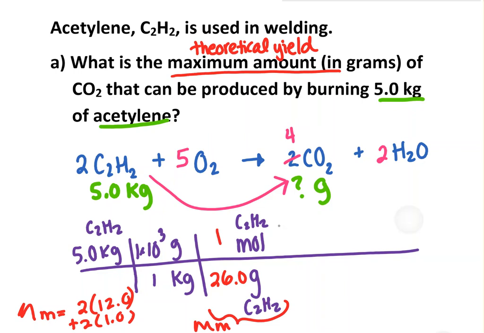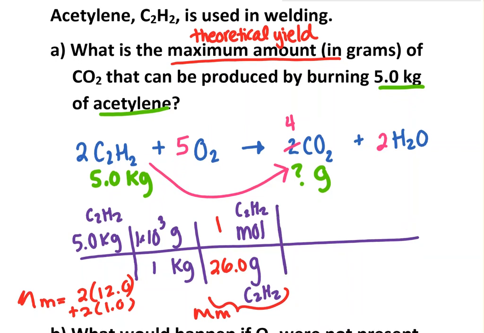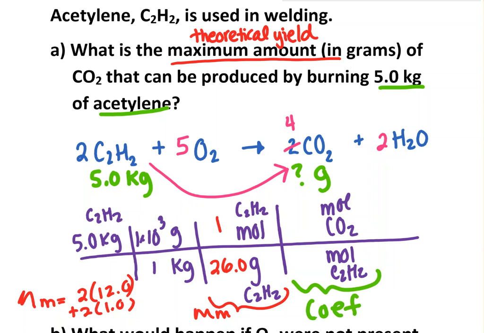Next, I'm going to go from moles of acetylene to moles of the compound that I'm interested in, carbon dioxide. And for this step, I use my coefficients. This is where I use the coefficients I had up here. The coefficients are the numbers in front.